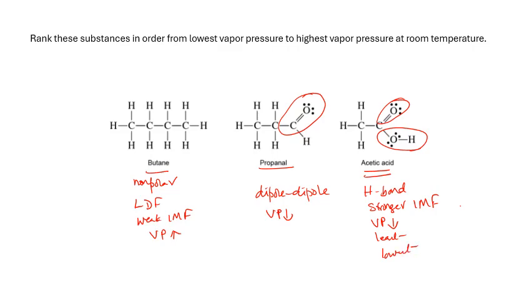We have to arrange from lowest vapor pressure to highest vapor pressure. So lowest is this one here, and then this one, and the highest vapor pressure is the third one. All right, so we can arrange them based on IMF.